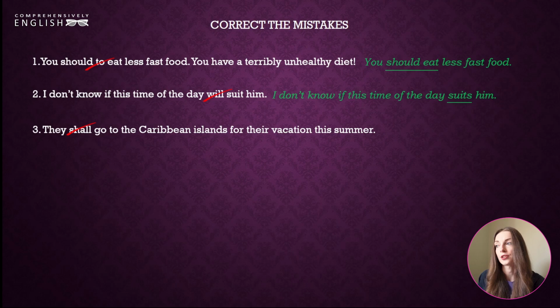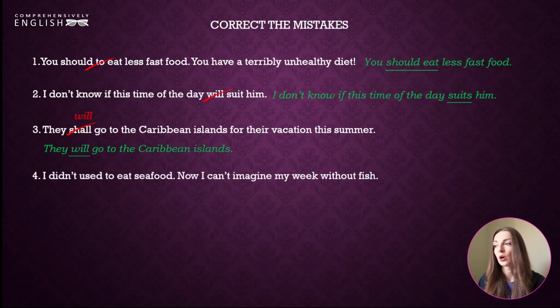So if we change the subject to we, shall will be possible. We shall go to the Caribbean islands for our vacation this summer. Otherwise, we shall say they will go to the Caribbean islands. Will helps us to express a situation in the future.